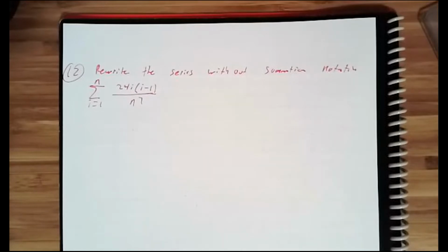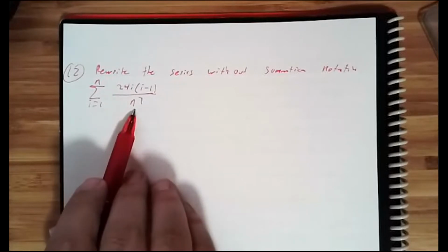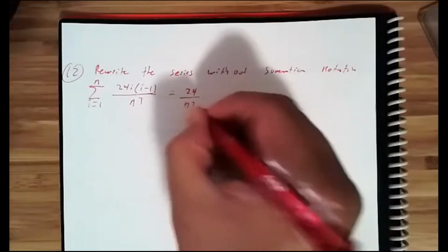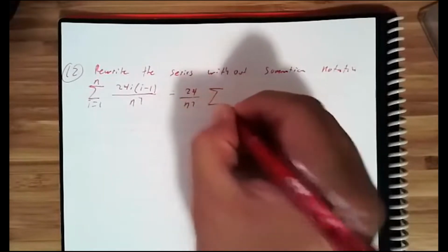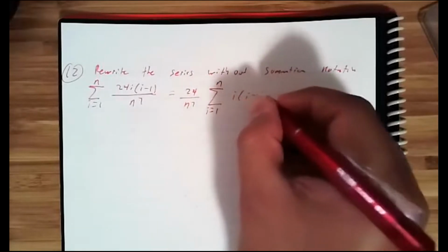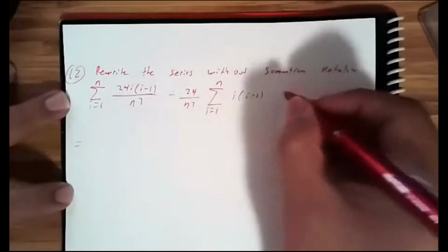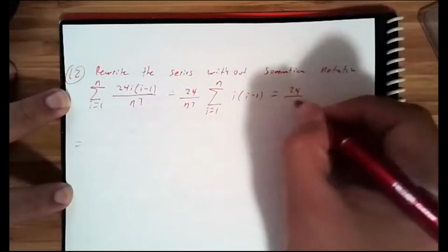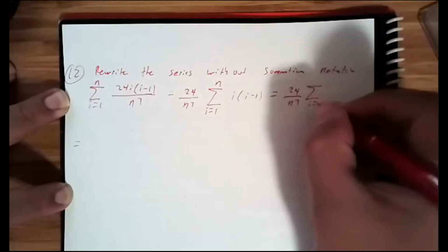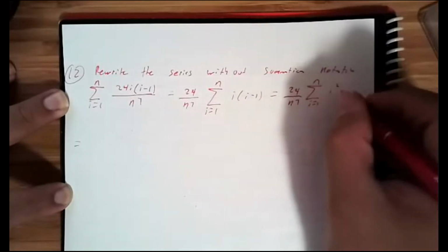Okay, so I'm going to distribute the 24i. Actually, first I'm going to pull out 24 and pull out n to the 7th. So now I have i times i minus 1, which will give us, I guess I could write it here, 24 over n to the 7th summation of i squared minus i.